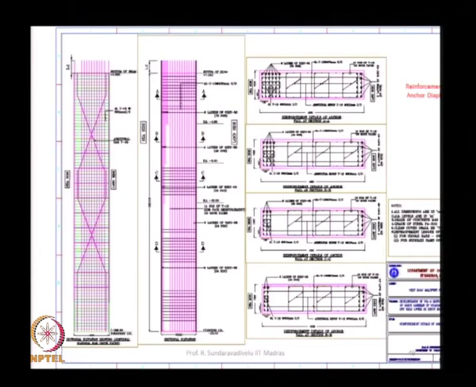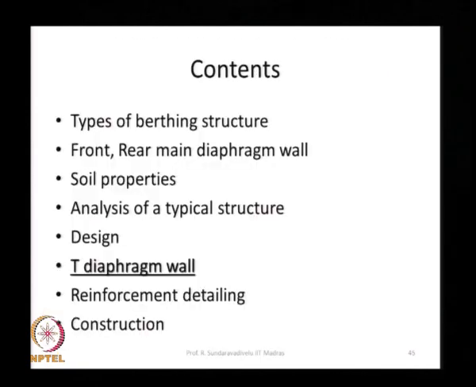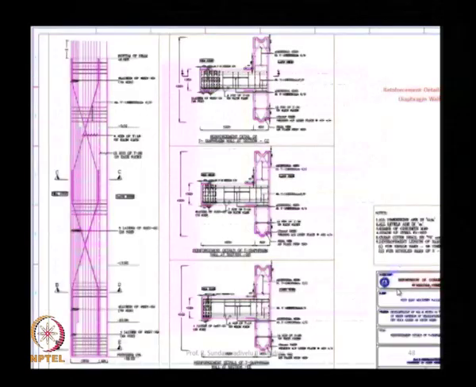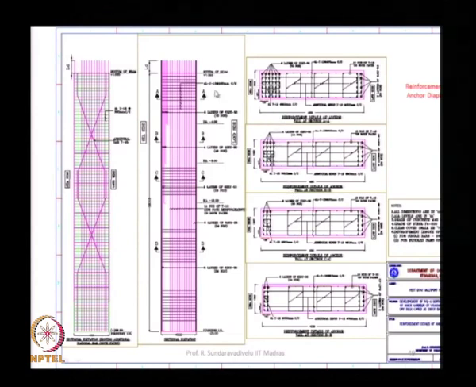detailing. The reinforcement, if you see the anchor wall is more here, as you go down it is reduced and afterwards it goes to the other side. So, we have 4 sections here. As we are going down, this is the top section, this is one section below, 2 sections below and the bottommost section.